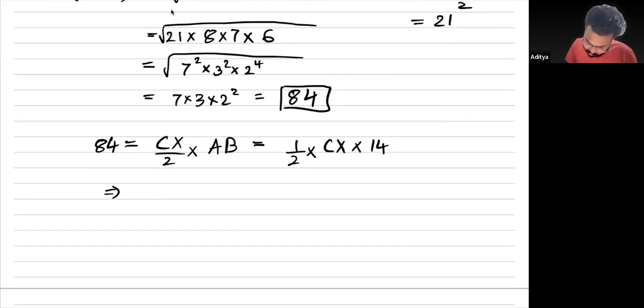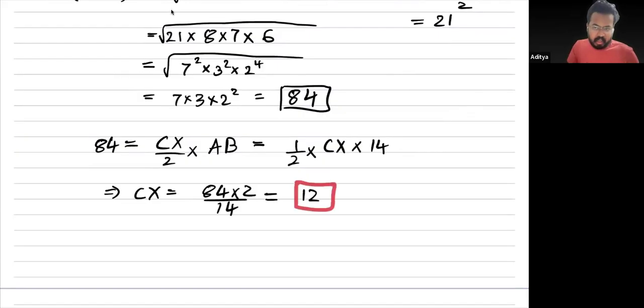So from this we get CX is equal to 84 times 2 divided by 14, and that is 12. So half of the length between the two vertices was 12.